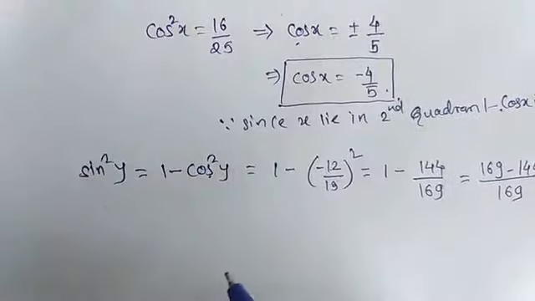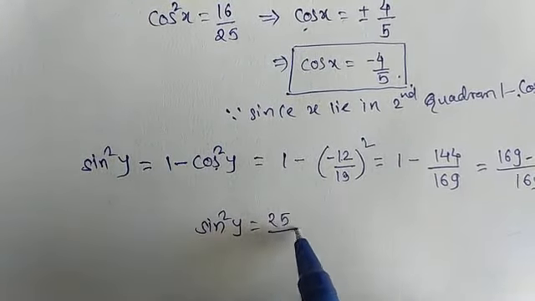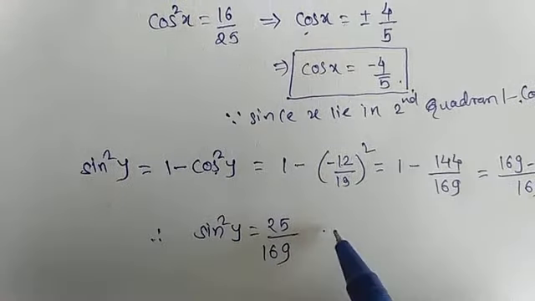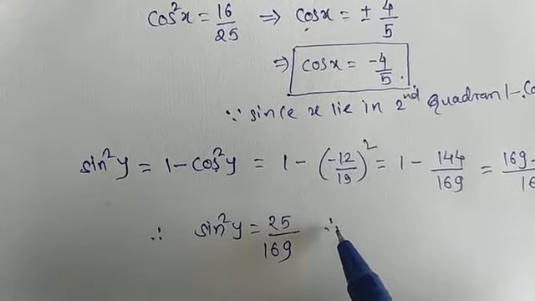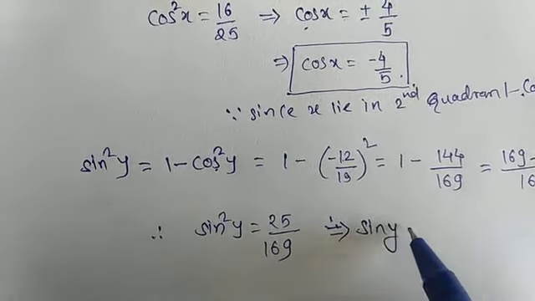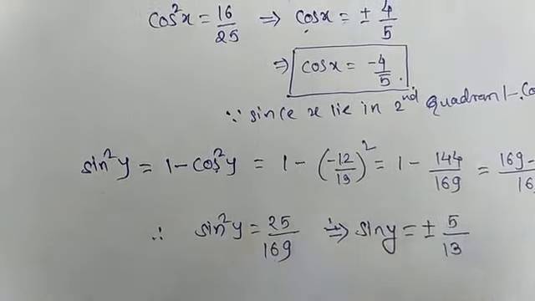Okay, so sin square y is equal to 25 upon 169, which implies, taking square root, sin y is equal to plus minus 5 upon 13.